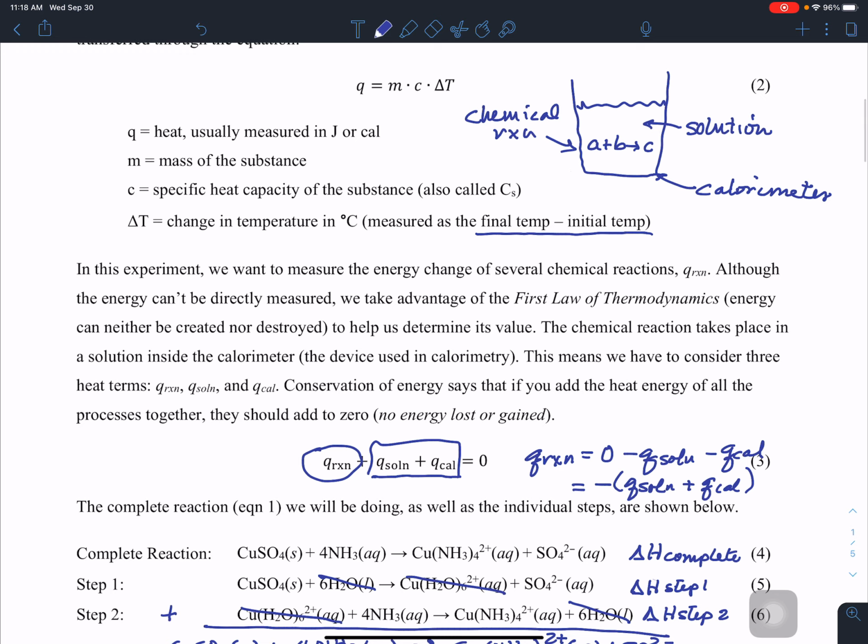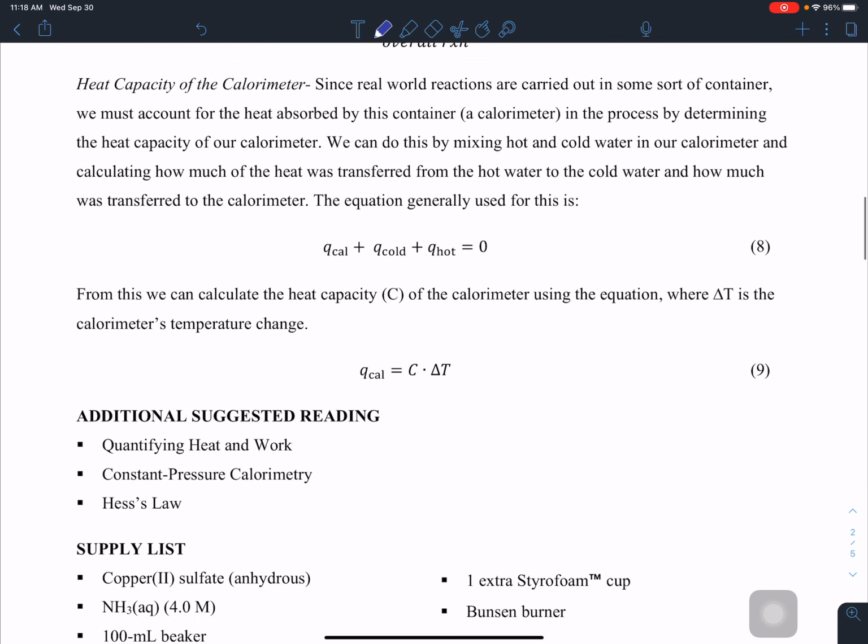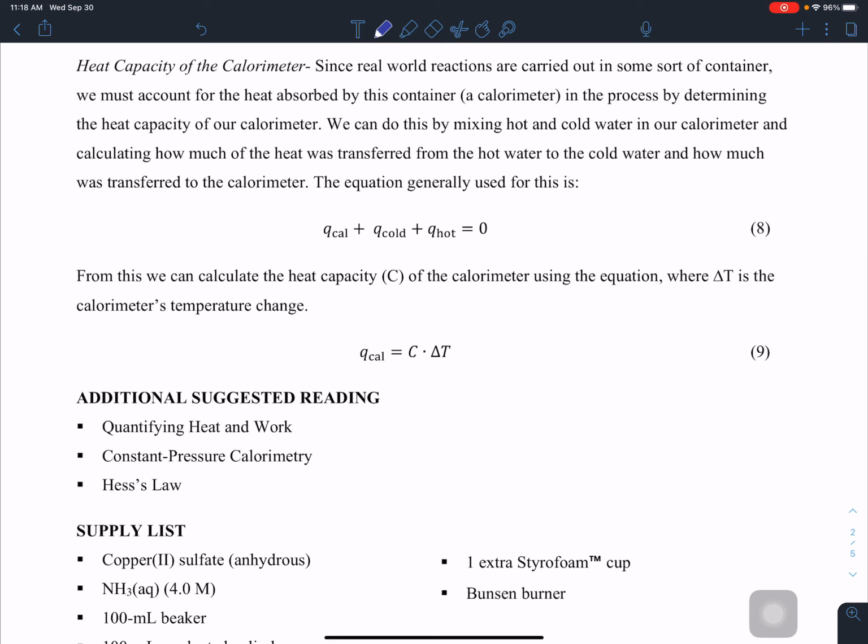Okay, so what about that Q cal thing? So the heat capacity of the calorimeter. This calorimeter is a real object and it will absorb a small amount of heat. And so to get a better result, we're going to have to take this into account. So how do we measure that? Well, we're going to do that with a little pre-experiment.